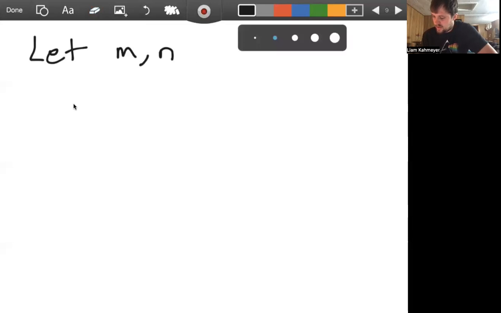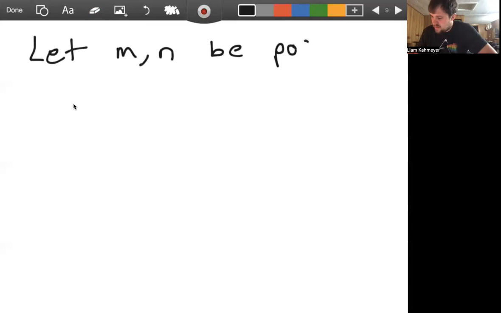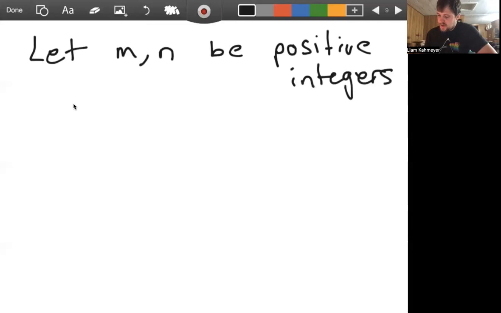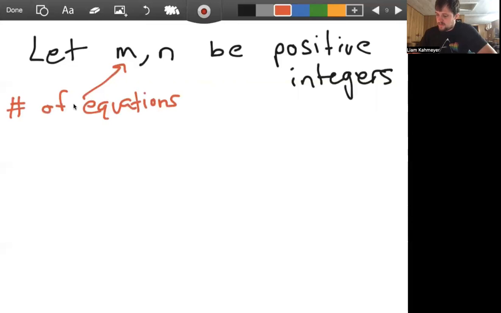Let's just say these are positive integers. Then we're going to let m denote the number of equations in our system, and n denote the number of variables.